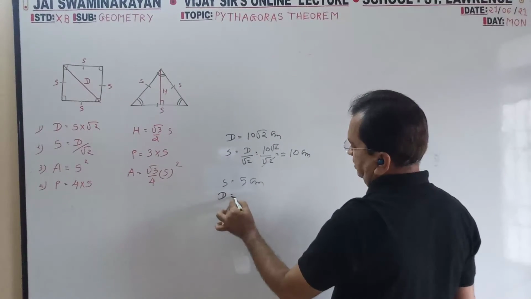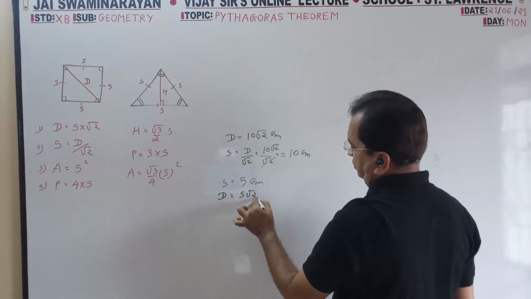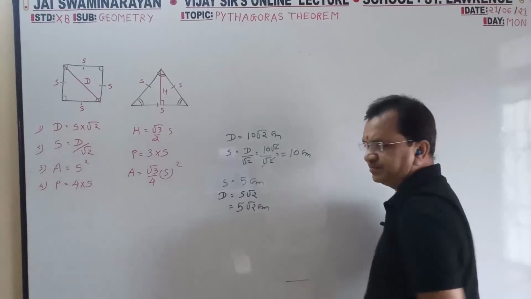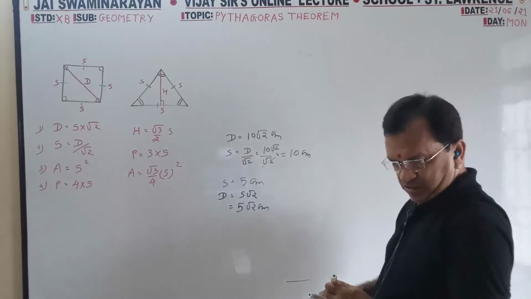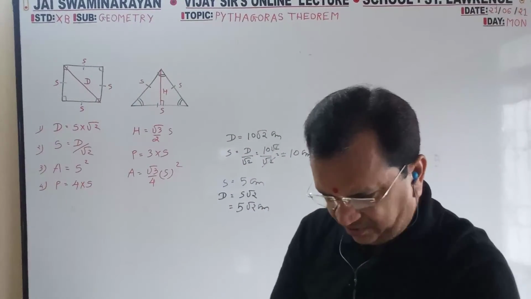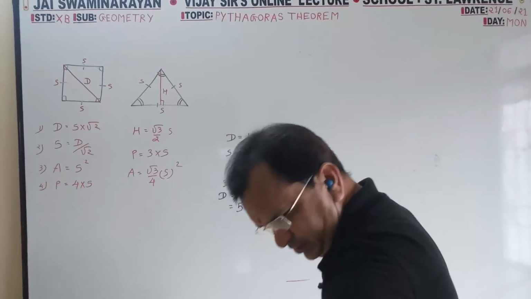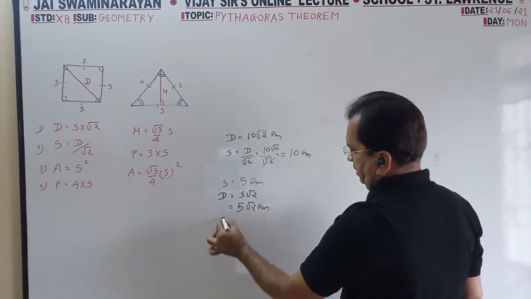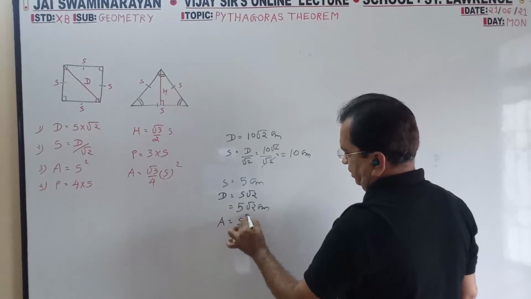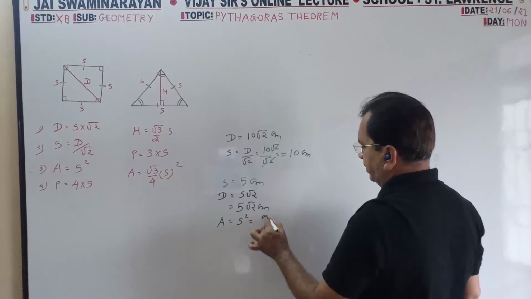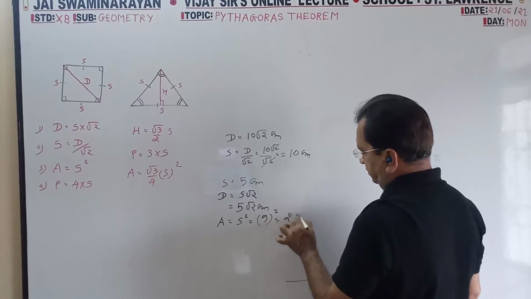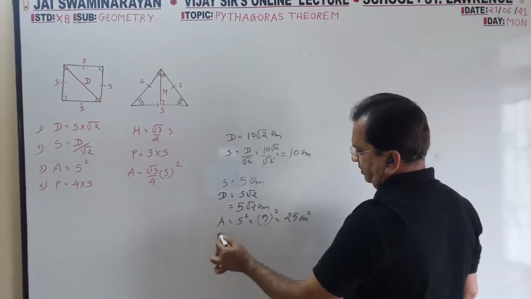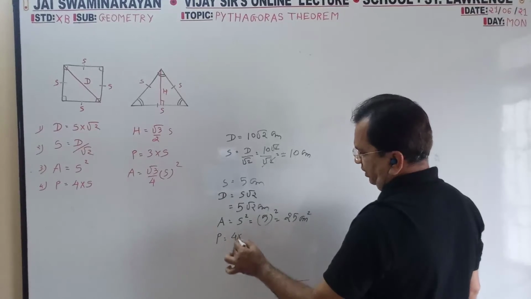So diagonal is equal to side root 2, 5 root 2. Now from the same we have to find the area. So it is side square, 5 square. Now perimeter is 4 into side.